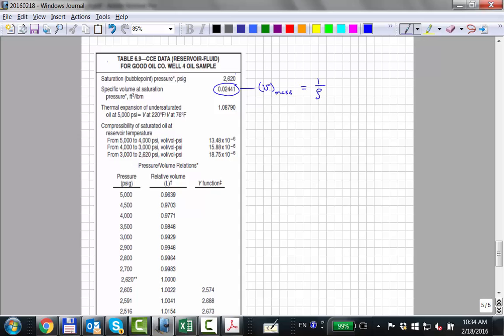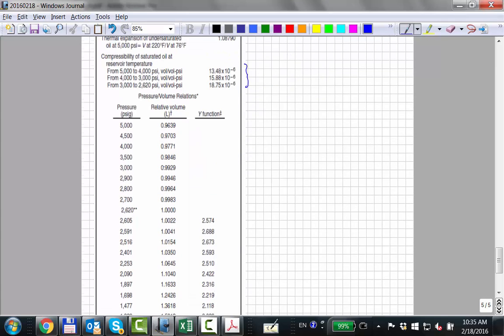So if you took the inverse of that, it would be 40 some pounds per cubic feet. We've got these compressibilities showing the decrease or the increase in compressibility as you approach the bubble point, and then this relative volume, this is total volume over the bubble point volume, and you've got the bubble point here.